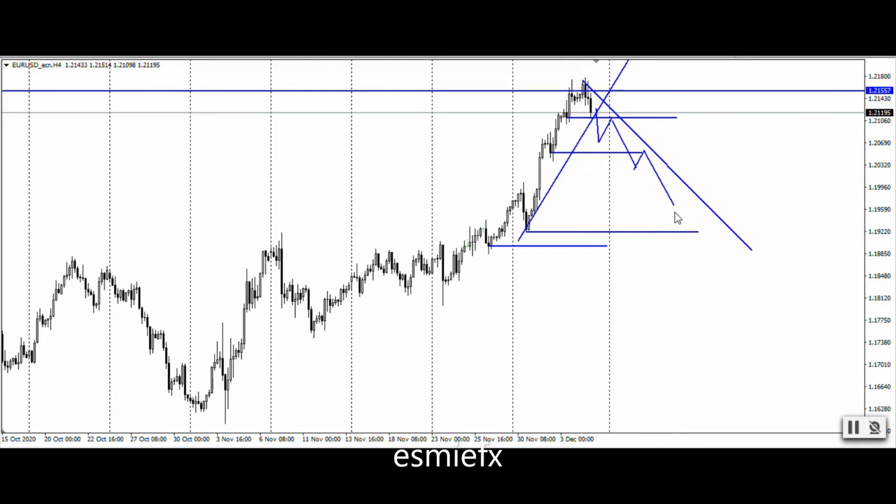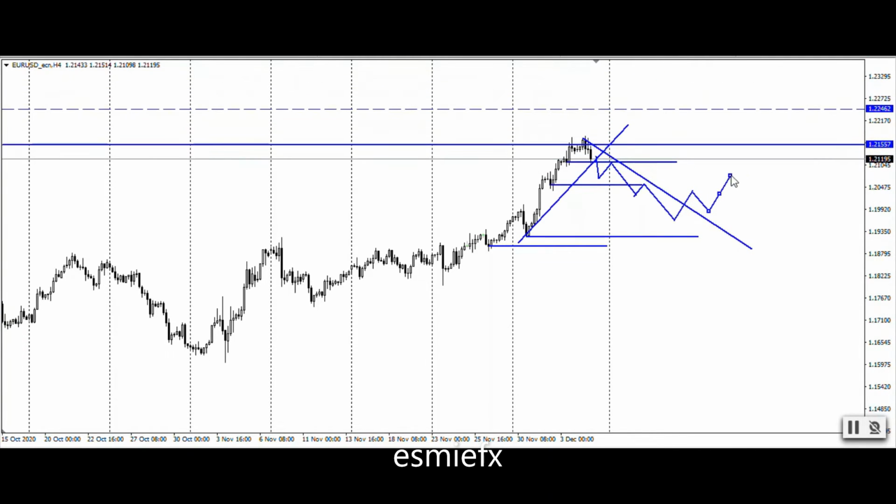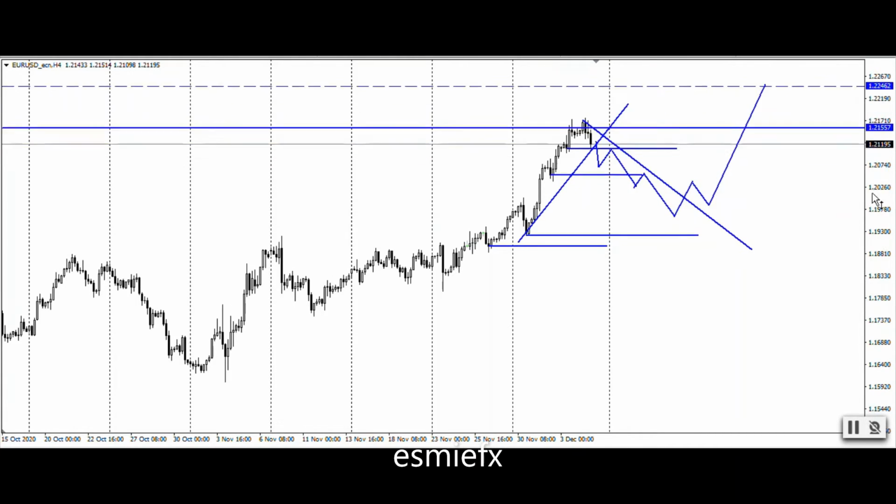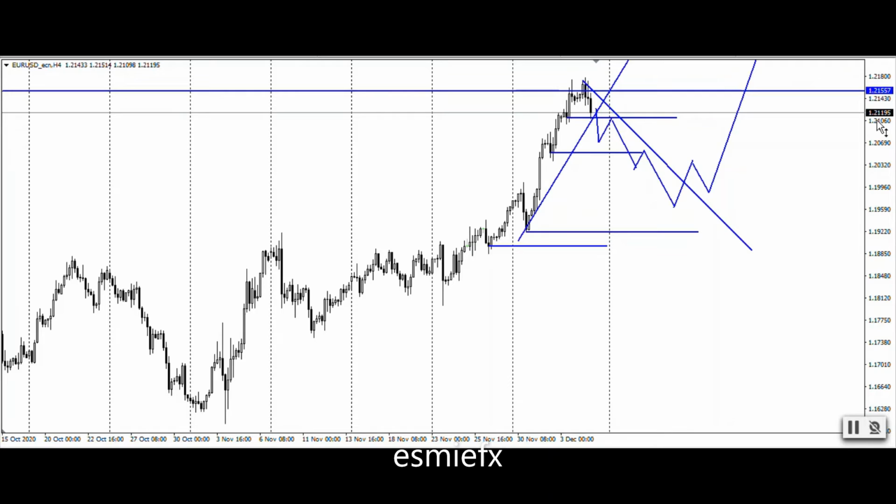And then at some point, if price breaks this trend line and then creates a higher low or double bottom, lower low, then I will look for an entry, for a buy. Anything can happen, so wait and see how price unfolds.